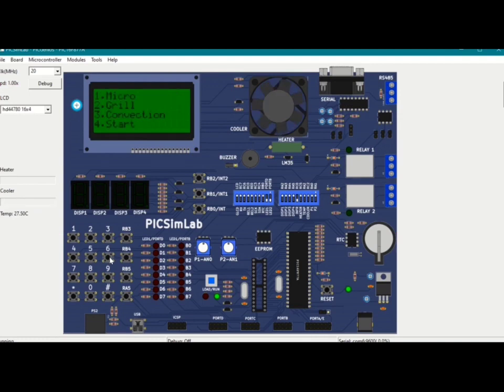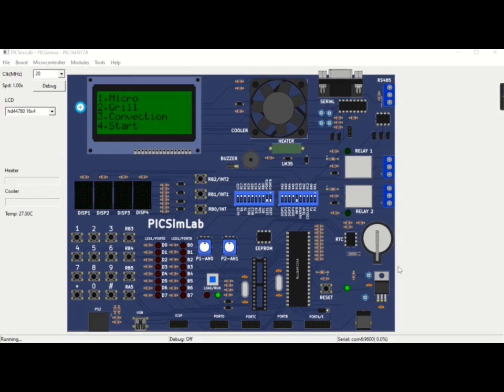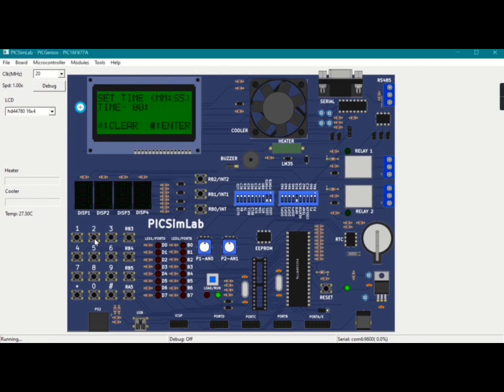Next mode, grill mode. By pressing the 2, we enter the grill mode. We can set the time, seconds and minutes also.